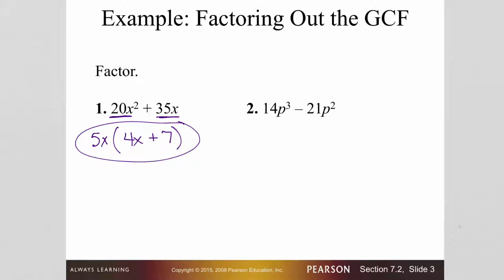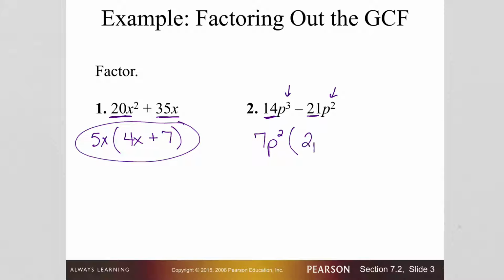Alright, so now let's take a look at number 2. Ask yourself what the biggest number is that you can pull out of 14 and 21, and that is 7. And look, I have 3 p's here, but I only have 2 of them here. So the most I can pull out is 2 of them. So what times 7p squared would give you 14p cubed?